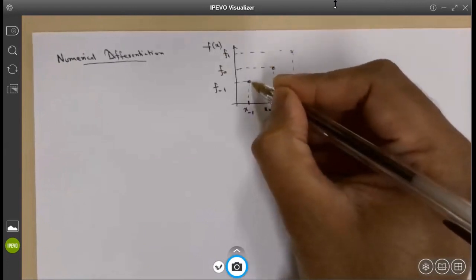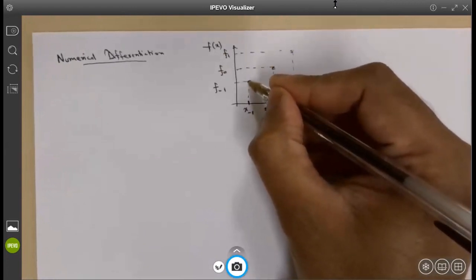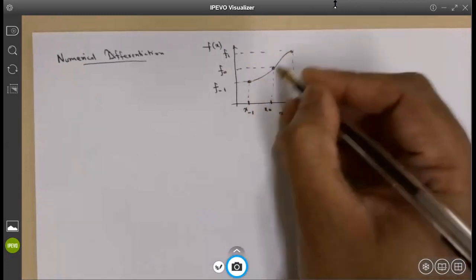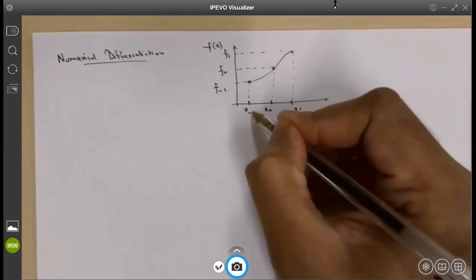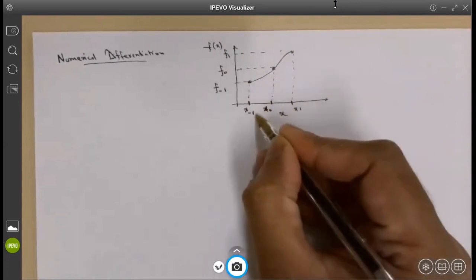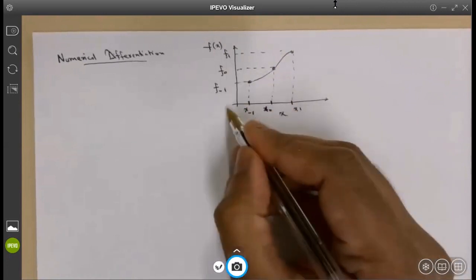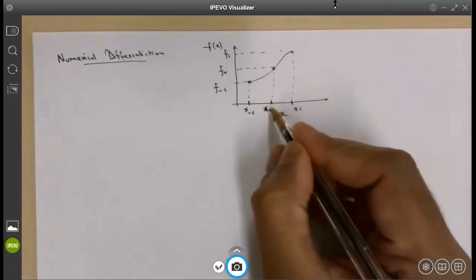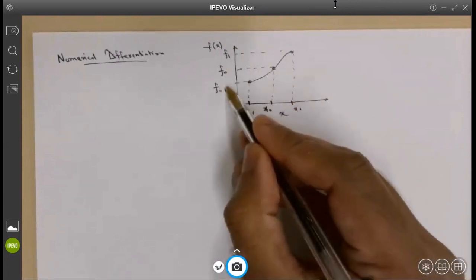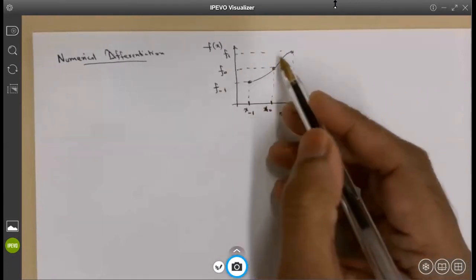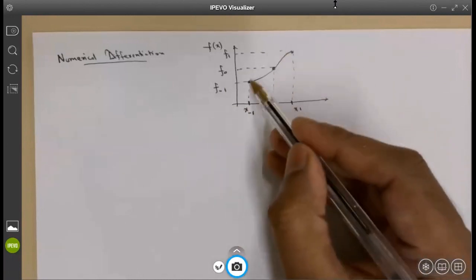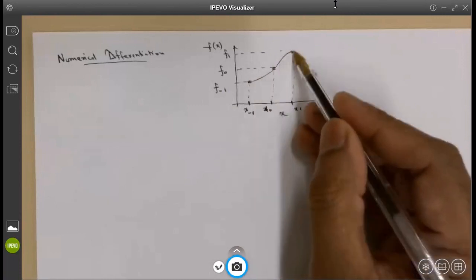The actual function varies something like that, and you have only 3 data points: x naught, x negative 1 as a subscript, which means a data point before x naught, and x1, which is the data point after x naught. The corresponding function values are your measurements that you have obtained from the sensor reading or from any instrumentation. And the actual function varies something like that.